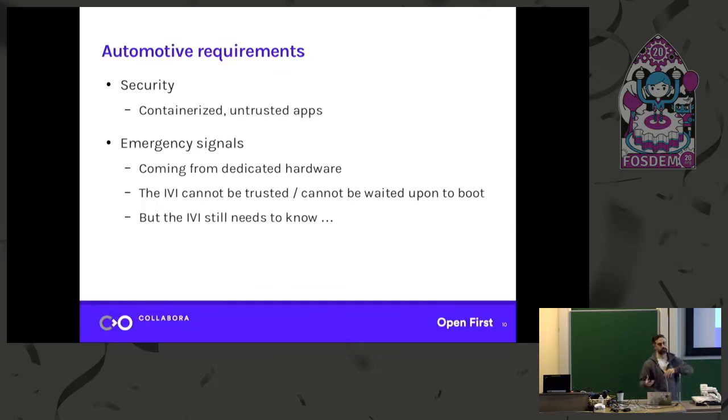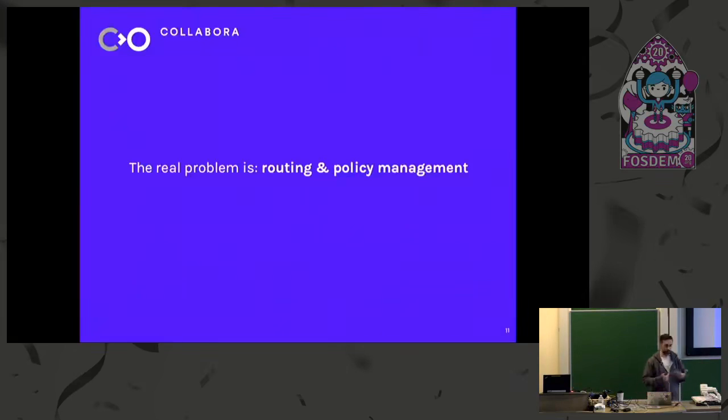But then the IVI needs to understand that this is going on and stop the other streams at the time and things like that. So the real problem, actually, in doing an audio system in a car is routing and policy management. How do we manage the routing, and how do we make policies?